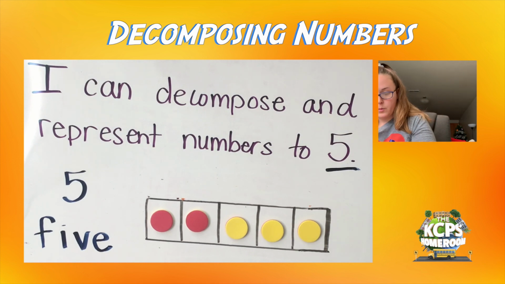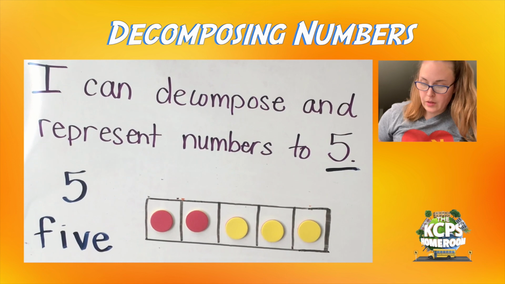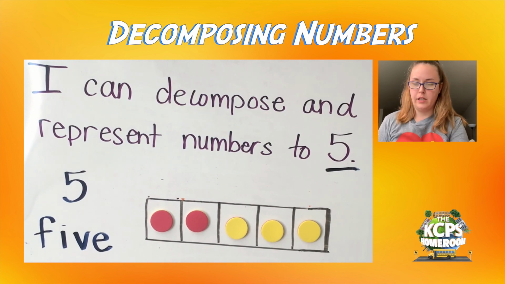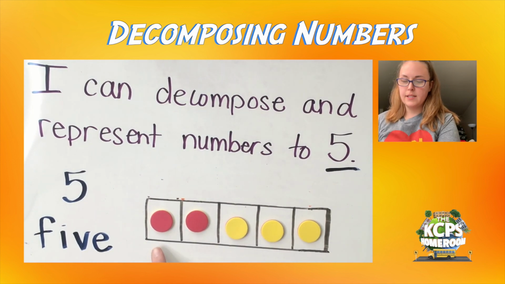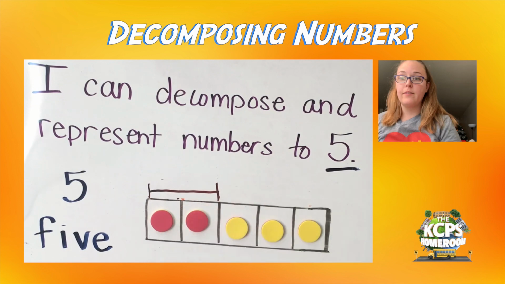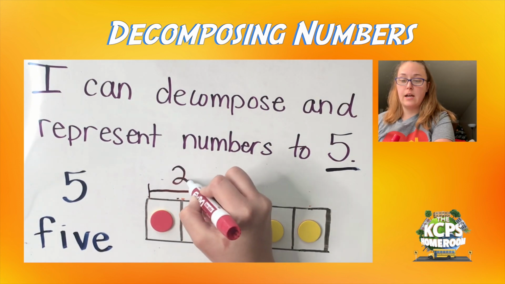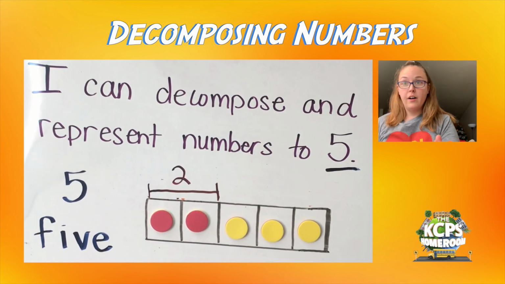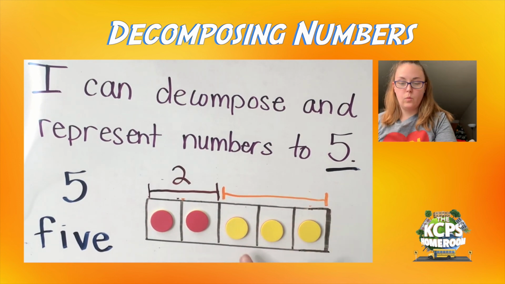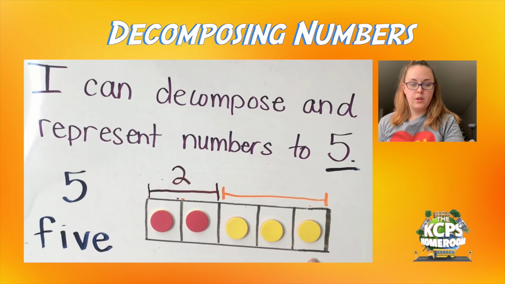So now we're going to talk about this set of numbers. So I know that we're still working with 5. And this time, I know that 5 is the same as, how many red counters do you see in the 5 frame here? Here's the 5 frame, let's count them. 1, 2. So here, this part of the 5 frame has 2 red counters. The other part of the 5 frame has how many yellow counters? 1, 2, 3.